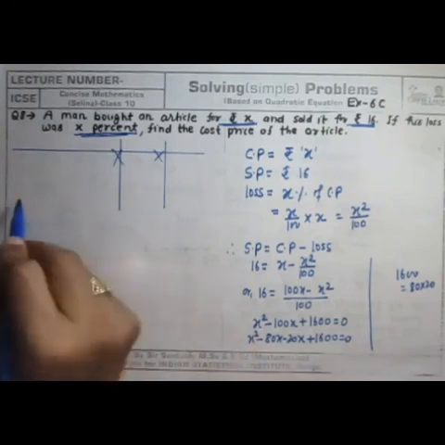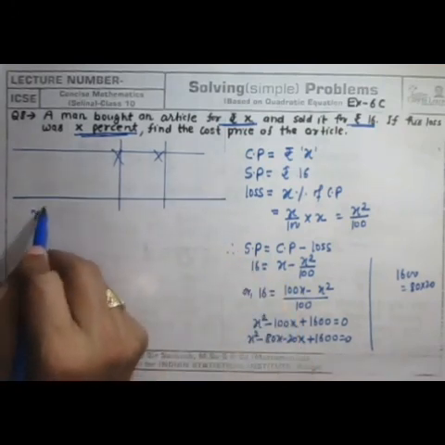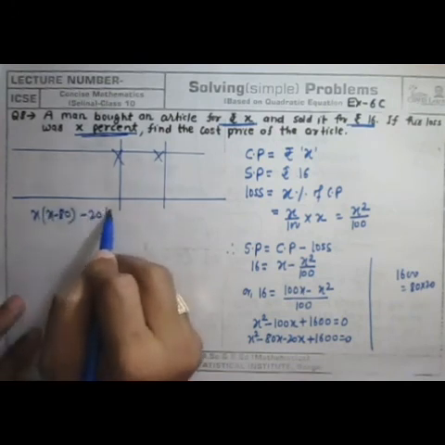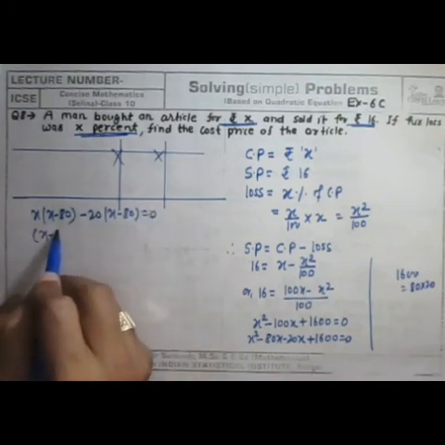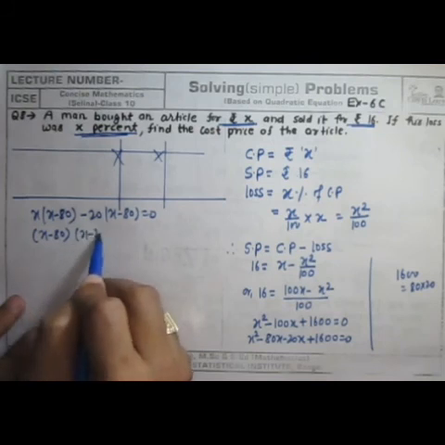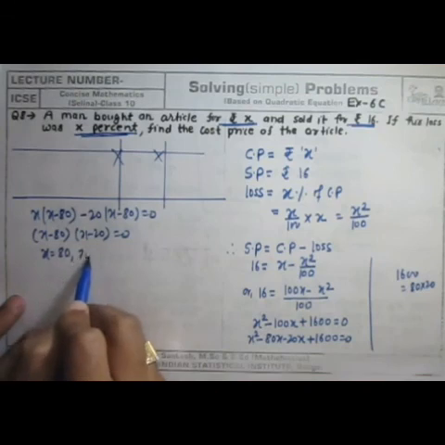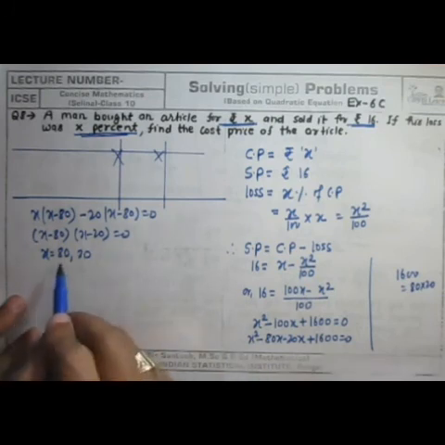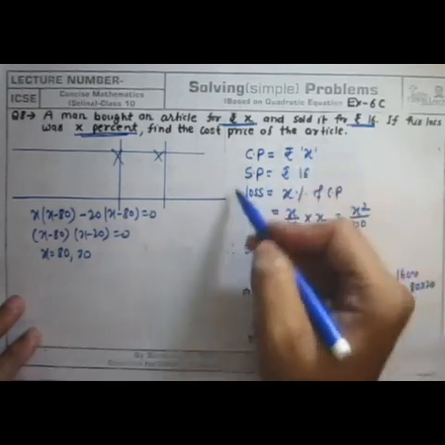Now after this, x common, x minus 80, minus 20 common, x minus 80 equal to 0. So we are getting (x minus 80) into (x minus 20) equal to 0. So either x is equal to 80 or 20, and both are positive. If you take 80, then the answer will be correct. If you take 20, then this also will satisfy the condition.